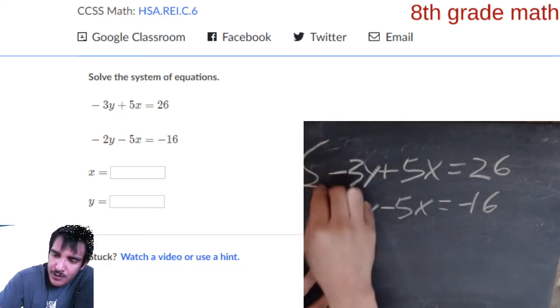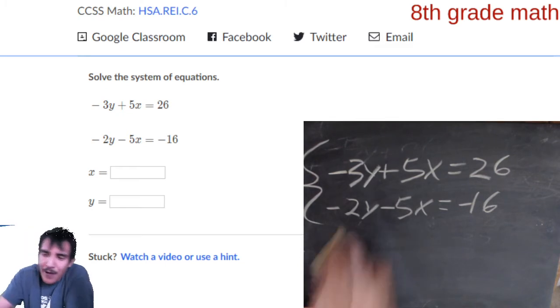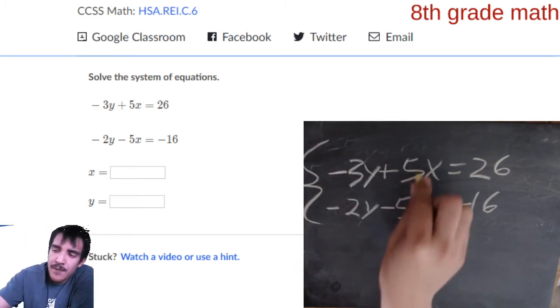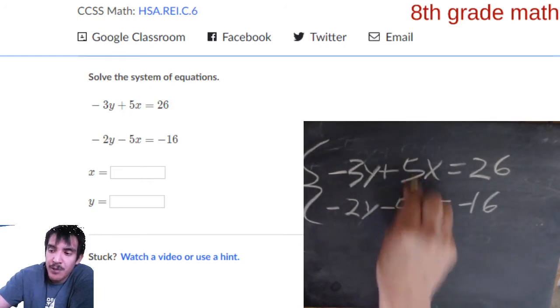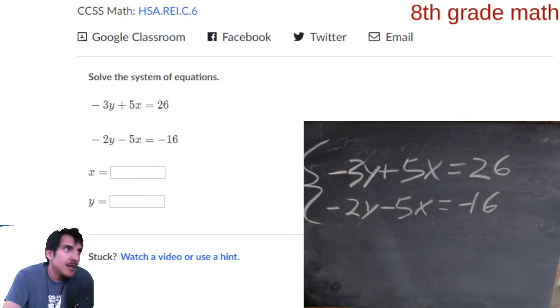And then we put a little one of these around our system of linear equations. And do we have opposite y's? Negative 3, negative 2, those are not opposites. Do we have opposite x's? We have plus 5 and minus 5. Those are opposites.